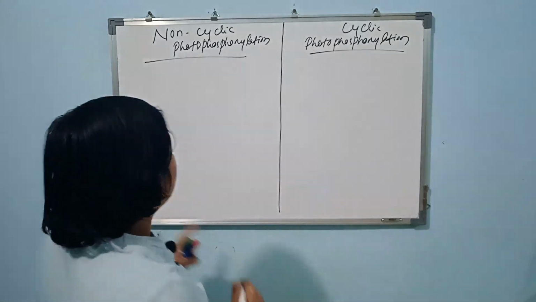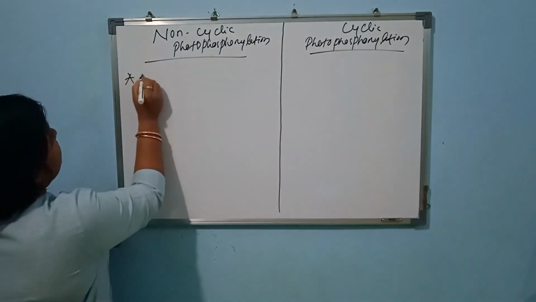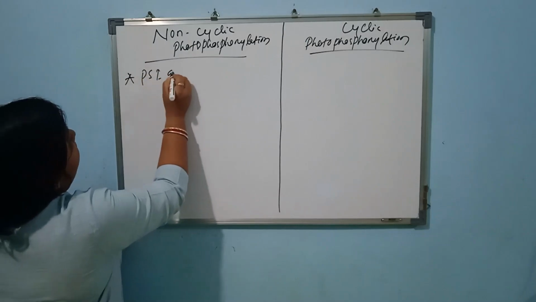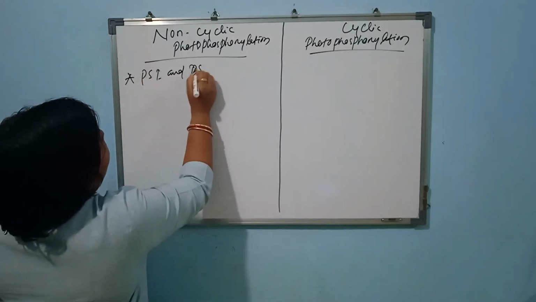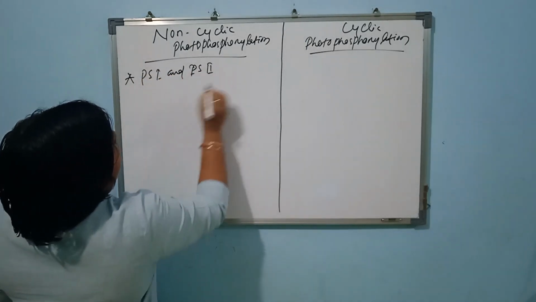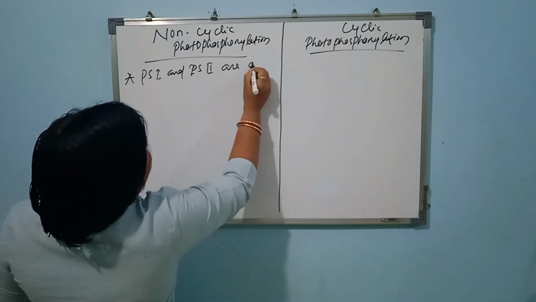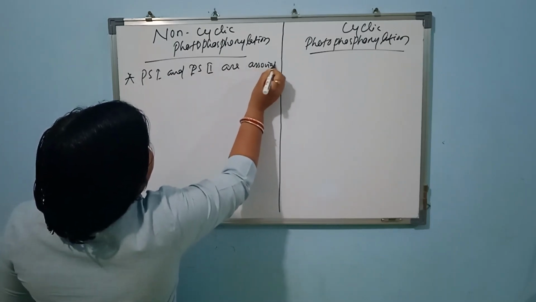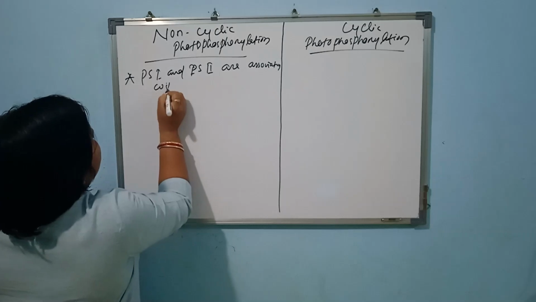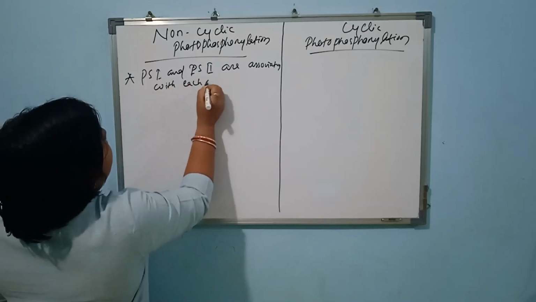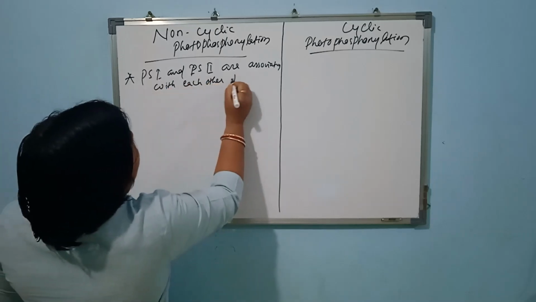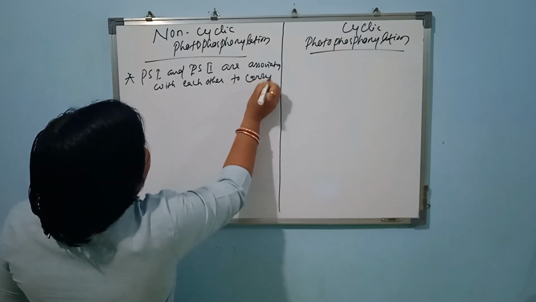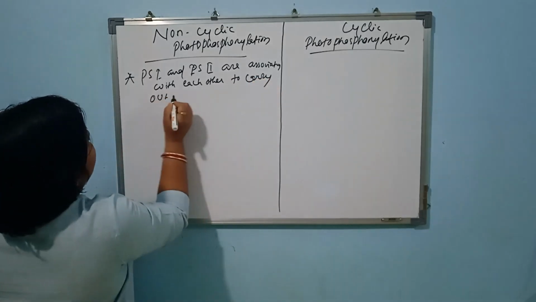In the non-cyclic photophosphorylation process, both pigment system 1 and pigment system 2 are associating with each other to carry out the process.